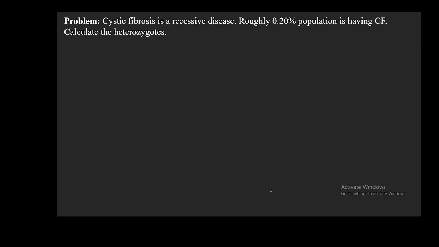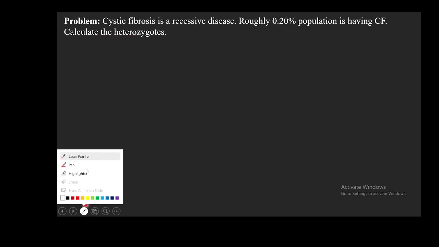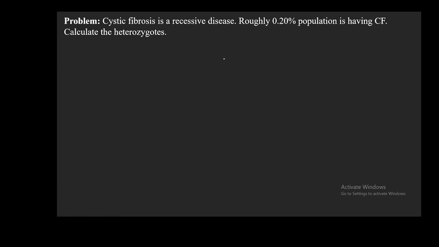This was a problem that came in CSIR 2024 only, where they say that cystic fibrosis is a recessive disease and 0.20% of the population is having cystic fibrosis. So calculate the heterozygotes. They have given the q square as 0.20 by 100.